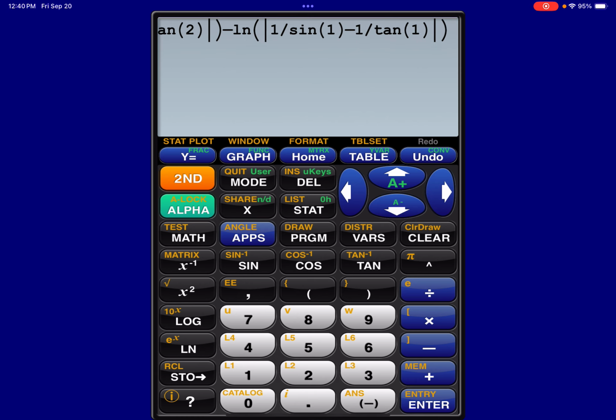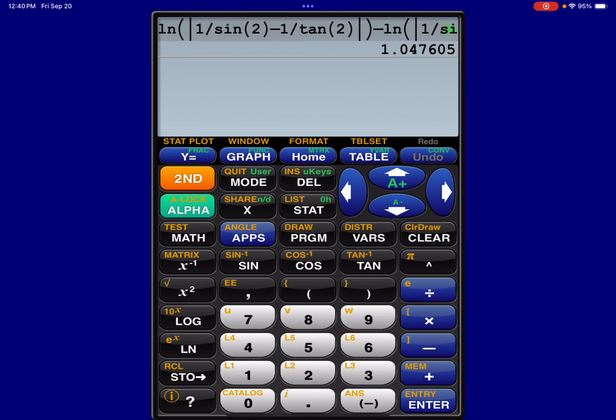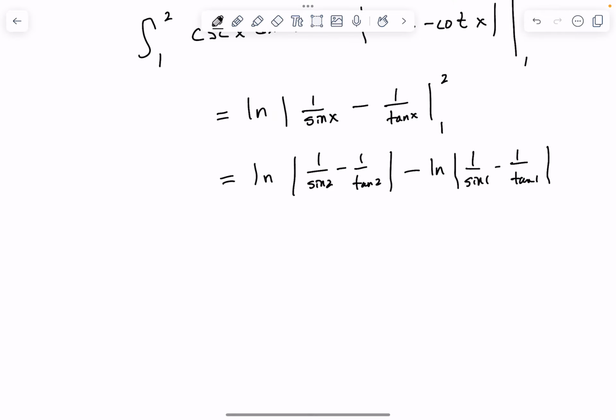And one last thing is sometimes I use degrees on this calculator, so I need to go to the mode real fast and make sure that it is in radians. The angle is in radians. Okay, good. And so it's 1.0476.